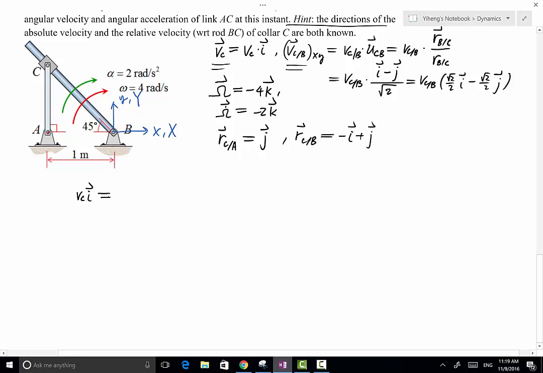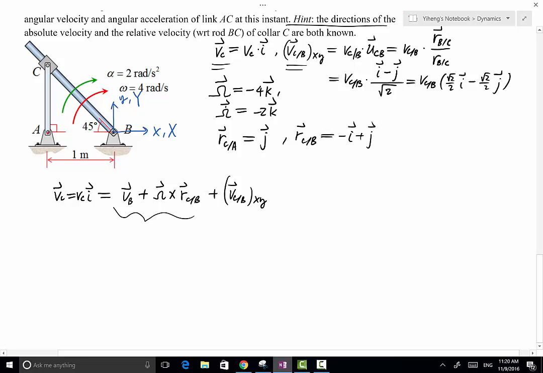But in this rotating coordinate system, VC vector equals VB, the velocity of this point right here, plus omega cross RC relative to B, and then plus the relative velocity VC relative to B in the xy frame. So this part right here is what we're familiar with.